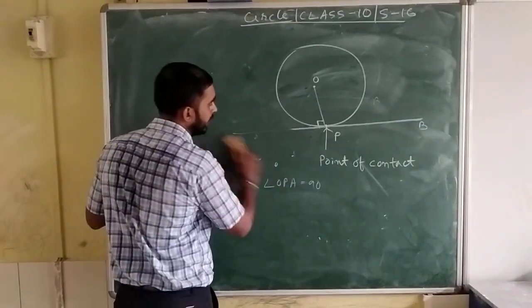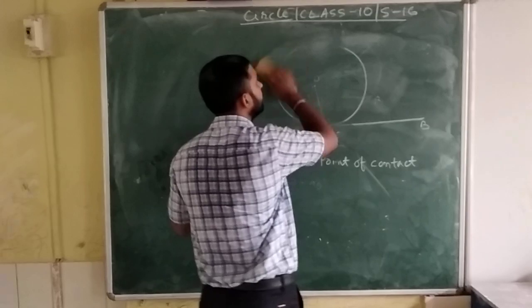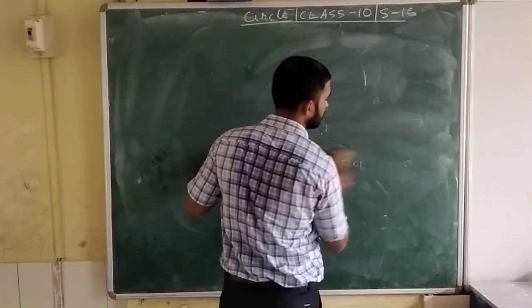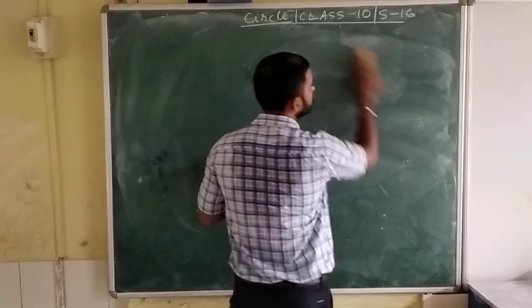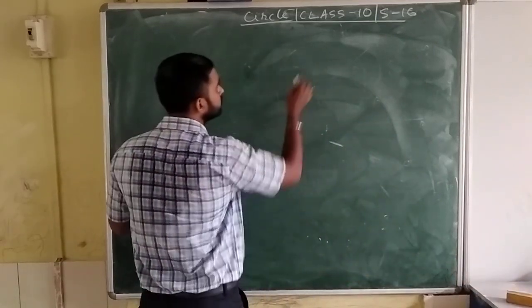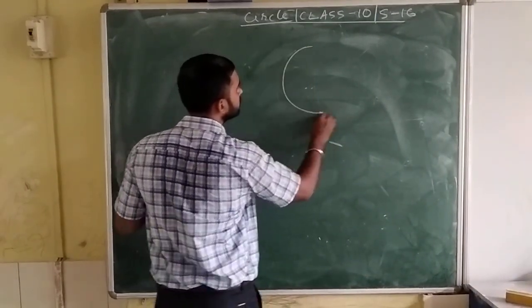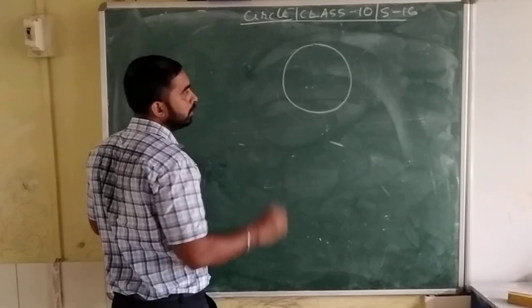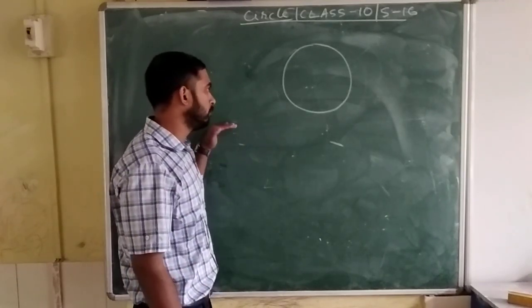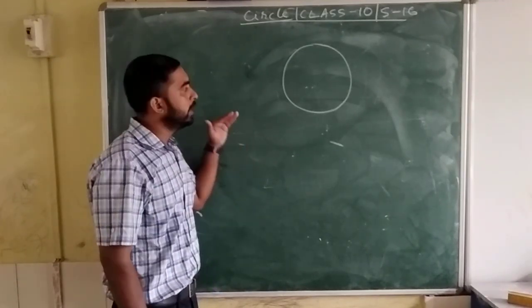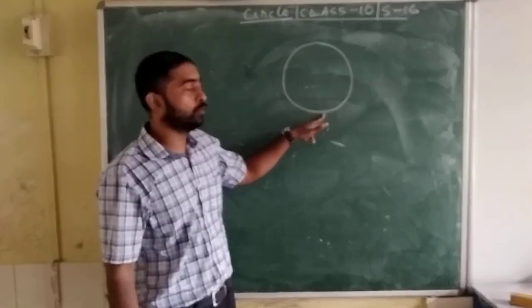Next, what is a secant? A tangent is drawn from an external point to a circle and touches the circle at one point.